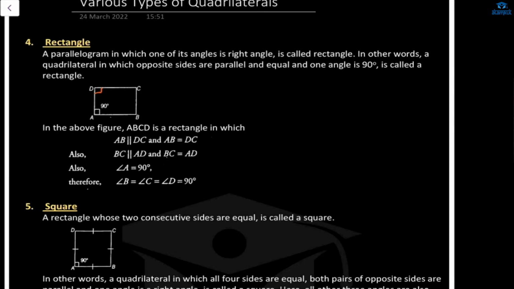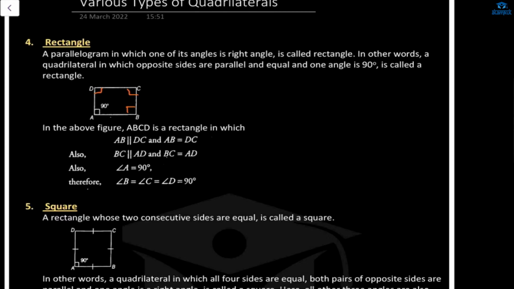AD is equal to BC and AB is equal to DC, and opposite sides are obviously parallel also. ABCD is a rectangle. AB is parallel to DC and AD is parallel to BC, and all the angles are equal to 90 degree.